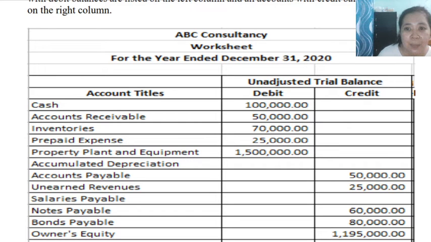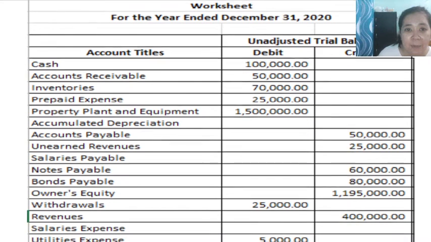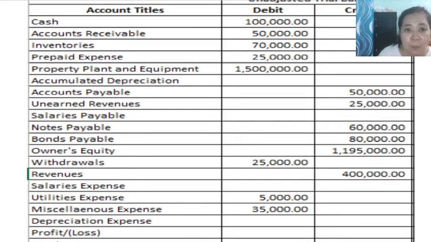Here in the unadjusted trial balance, all the debit accounts will be listed on the left side, and the credit accounts will be listed on the right side.